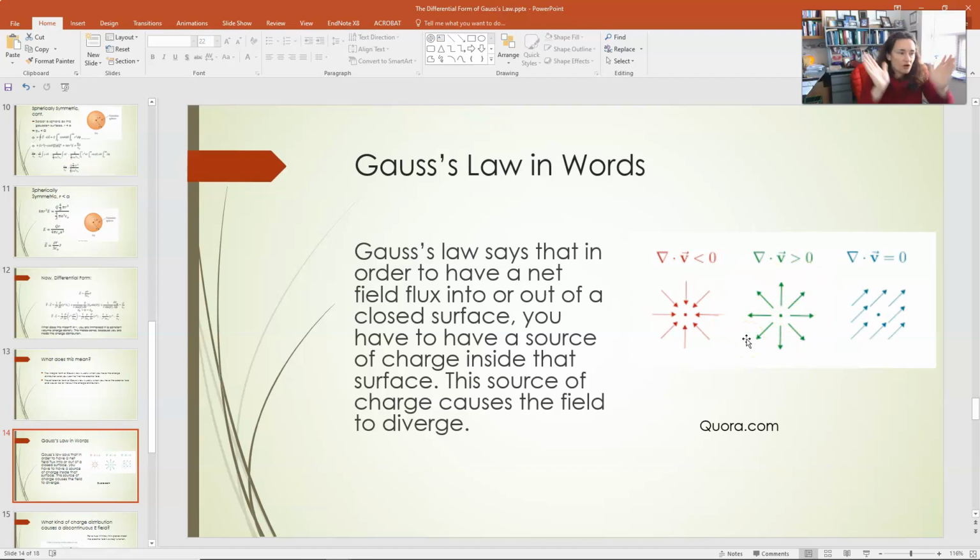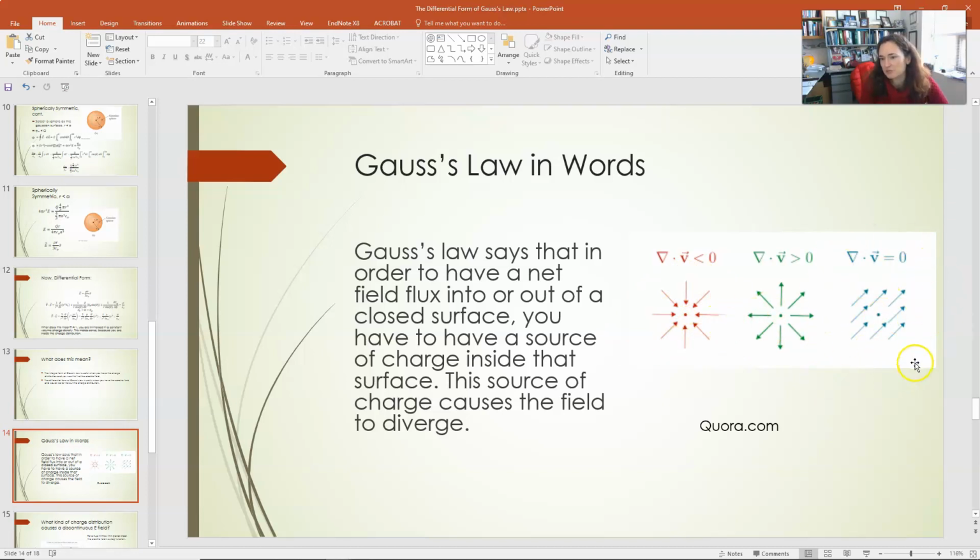In other words, they're all going off in their own direction away from that point. There is a divergence. Here is convergence, or a negative divergence. It's coming in towards the point. So this is what happens for a positive charge, and this is what happens for a negative charge. The fields are changing their directions at a single point.